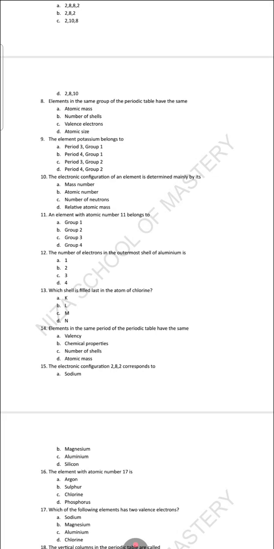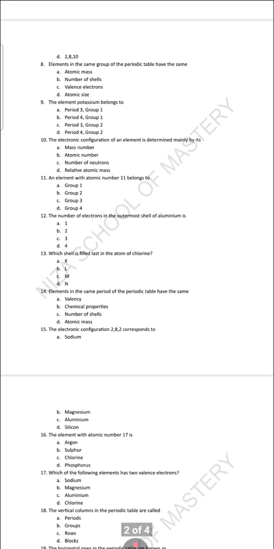Number 11, an element with atomic number 11 will have 11 protons and 11 electrons. How will the electrons arrange themselves? 2 on the first shell, 8 on the second shell, and 1 on the last shell. So that's group 1 because it has 1 on the last shell.